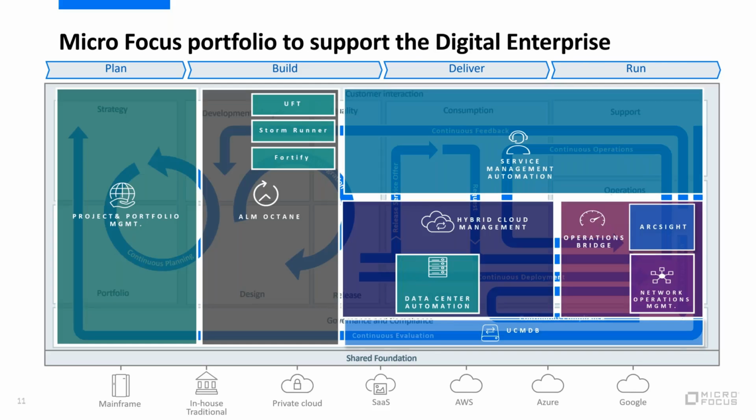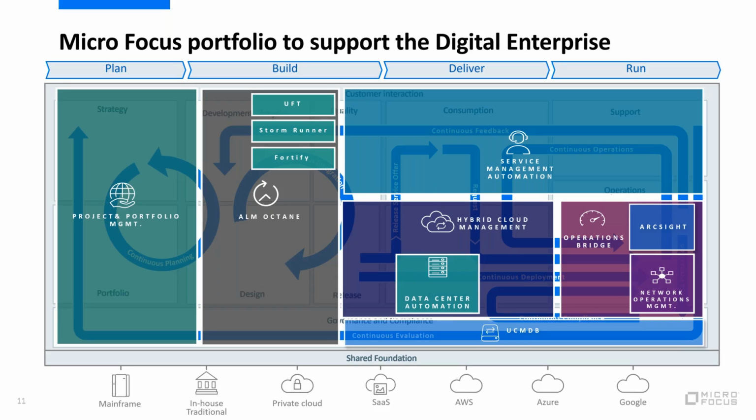So this is an example, not all the products in our portfolio, but some of the key ones that would help you implement this. I talked about the continuous integrate loop with ALM Octane at the center, but you have UFT and StormRunner Load, and you have Fortify that can integrate into it.